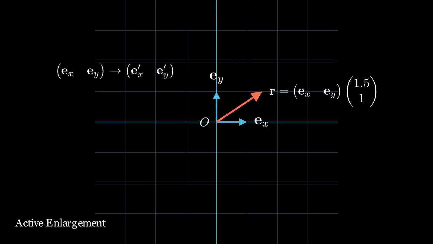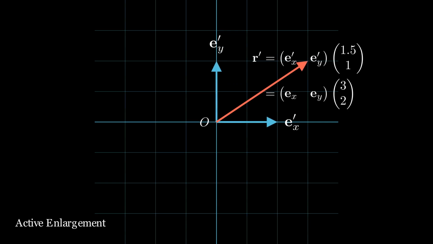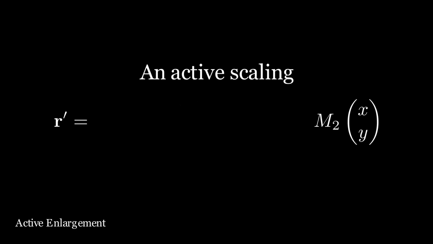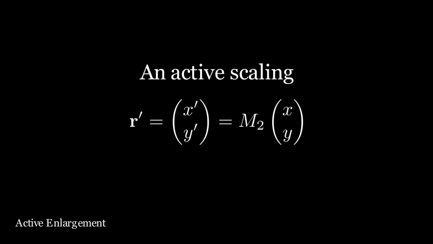This doubles the length of the basis vectors. The key point is to consider the scaling matrix M2 acting on the basis vectors Ex and Ey, since this transformation actually moves the point itself. It is called an active transformation.